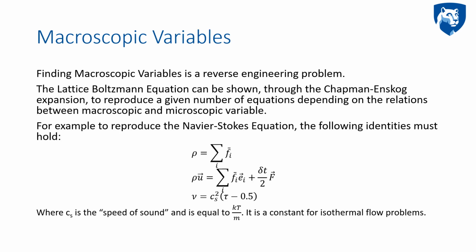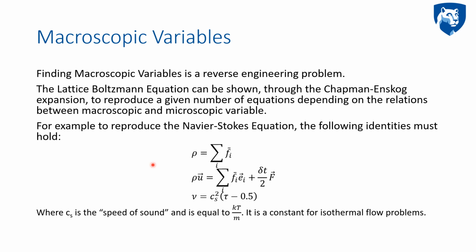We've been only talking about the distribution functions, but what we're really interested in is the macroscopic properties of the fluid, like the density or the velocity. These macroscopic properties can be found from these distribution functions. It's actually a reverse engineering problem.